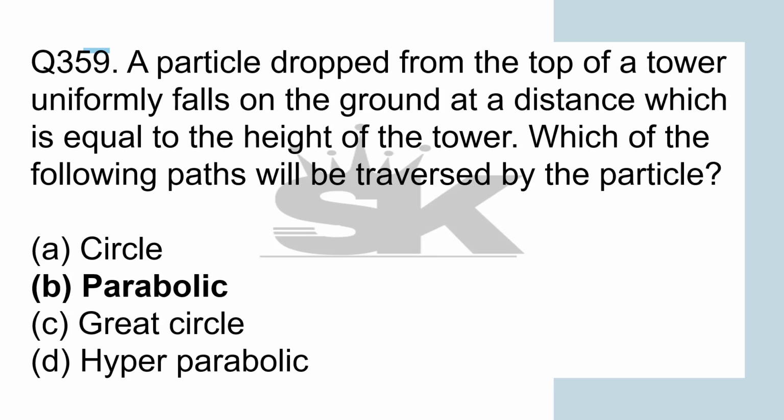Now, if the two points are met with one another, the curve emerges parabolic in nature. Hence, we can say that the path followed by the particle is a parabolic trajectory.